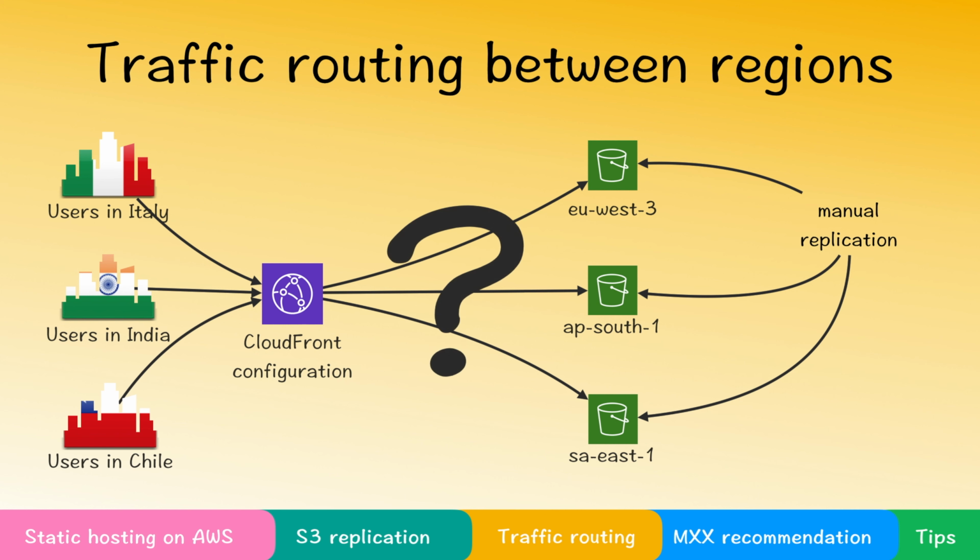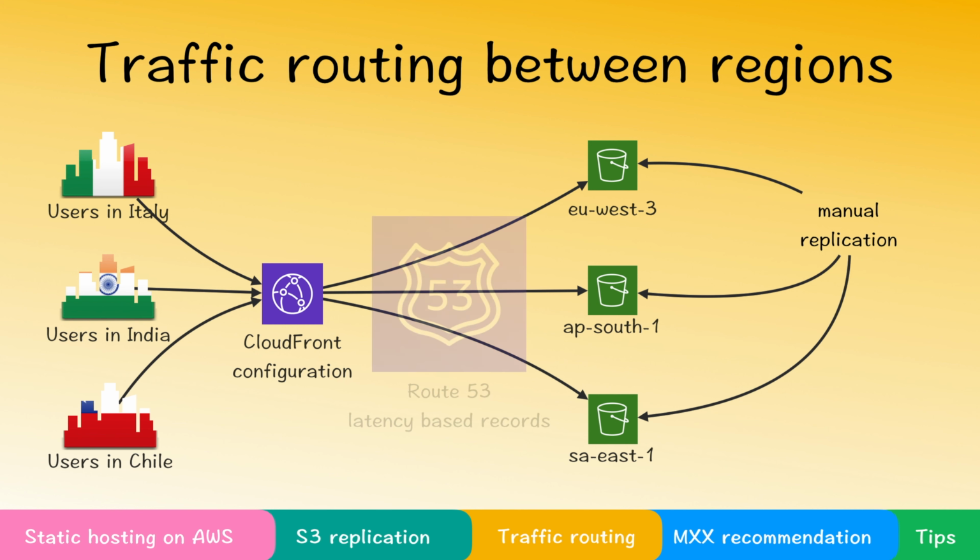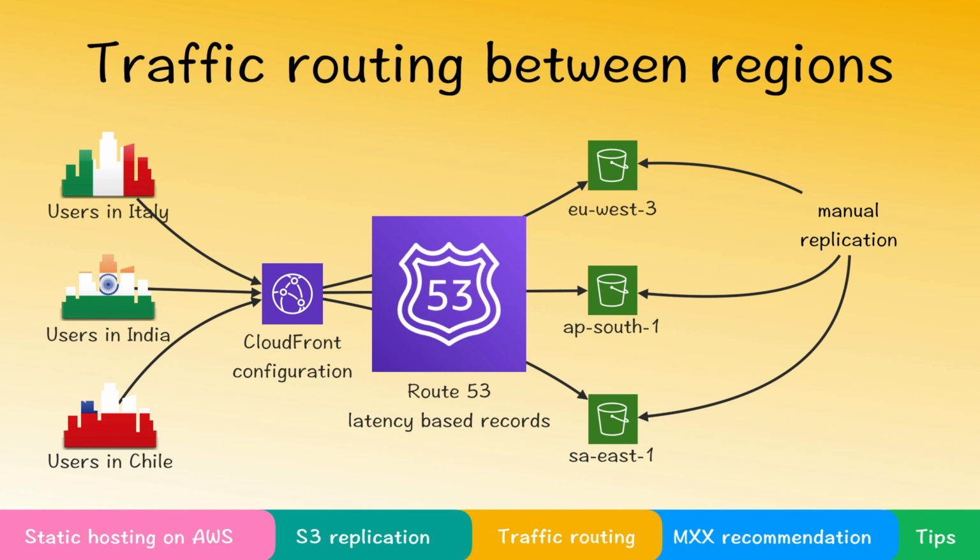And the solution that comes from Amazon is Route 53 latency-based records. However, in this case, they're not gonna work, because Route 53 latency-based records work if the target is a load balancer or some static IP address, but they cannot work if the target is an S3 bucket. So unfortunately, it's not possible as well.